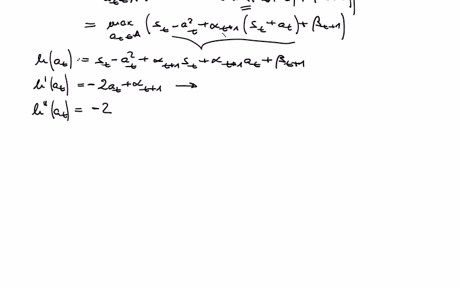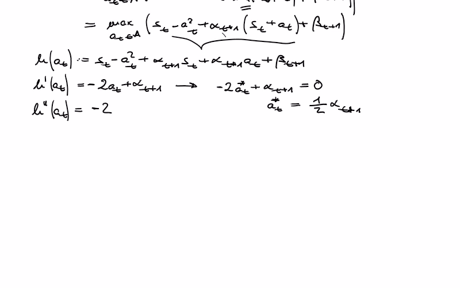So we get minus 2 times the optimal action plus alpha t plus 1 equals 0. So we see quite easily that the optimal a is 1/2 alpha t plus 1.